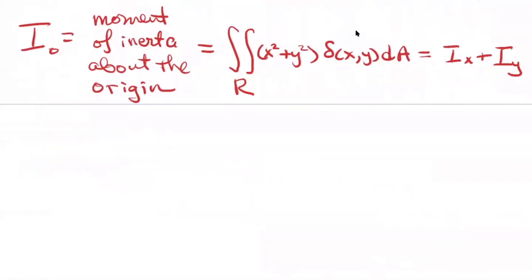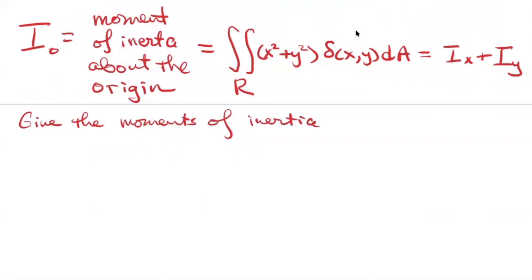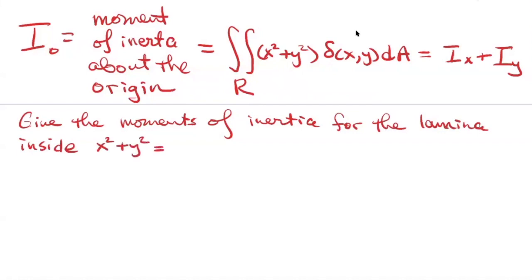Okay, so this one says give the moments of inertia for the region, I'll say the lamina, inside x squared plus y squared equals 2y, but outside x squared plus y squared equals 1.